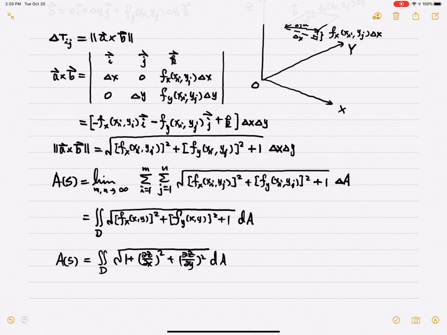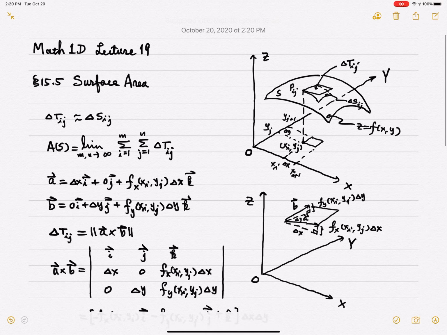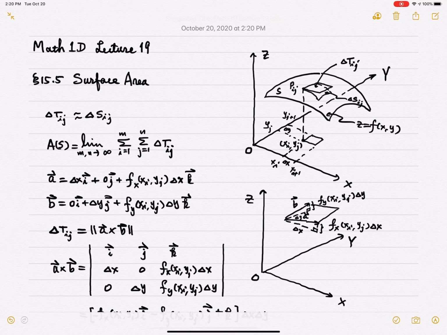The derivation, well, I didn't do every single step. Like I said, first of all, we do partition. We partition on the x-axis. Say if x is between A and B, we do partition, and let i from 1 to m. We have x0 equal to A, x1, x2, all the way to xm equal to B. And on the y-axis, y is between C and D, we do partition.